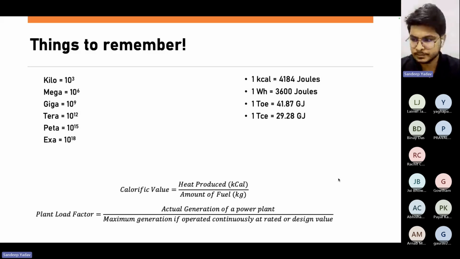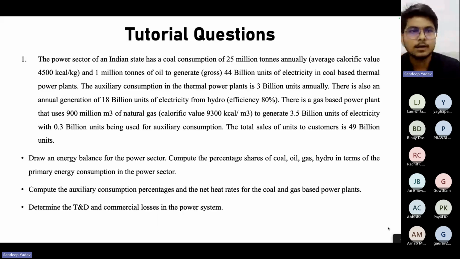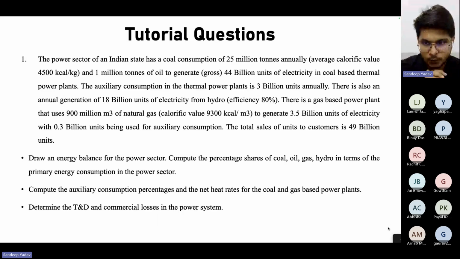Let's start with the question. Next question. Please read that question carefully. The power sector of an Indian state has a coal consumption of 25 million tons annually, and the average calorific value for that coal is given. It generates 44 billion units of electricity in the coal-based thermal power plants. The auxiliary consumption in the thermal power plant is 3 billion units annually.